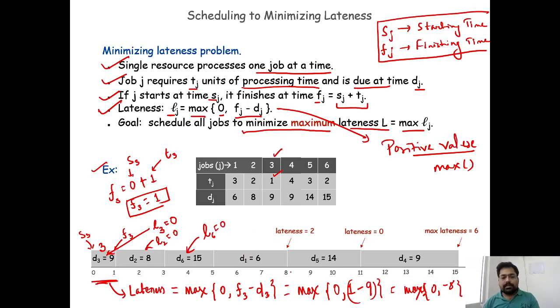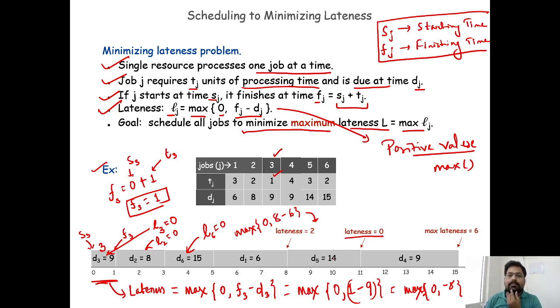Next, in this case what we found, 8 minus 6, maximum of 0, then finishing time is 8 minus 2, so the lateness is 2 now. Clear? Next for this D5 we must say lateness is 0. Why?